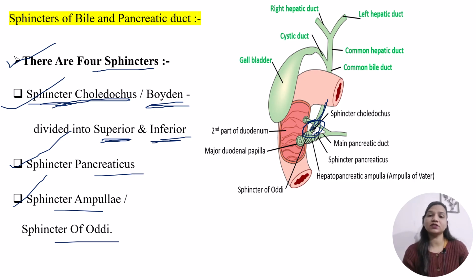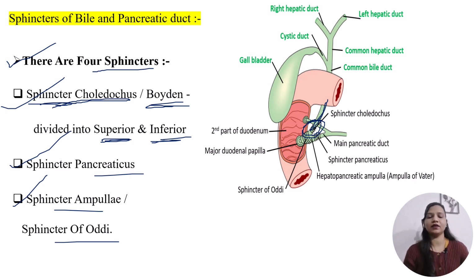This sphincter is formed by smooth muscle rings, and what it does is normally keep the lower end of the bile duct closed. And it opens only when there is a need for digestion, when there is a need for bile to digest the food.